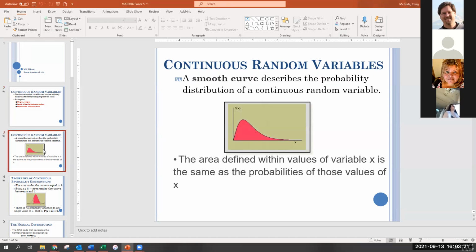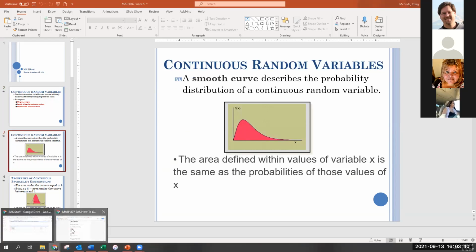So what does it mean to have a continuous random variable and thus a continuous random variable distribution? Well, with the binomial distribution, you had all these little individual bars. You basically had a histogram where each little bar represented the probability of a certain thing happening.